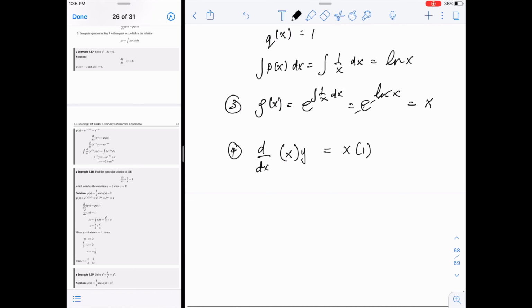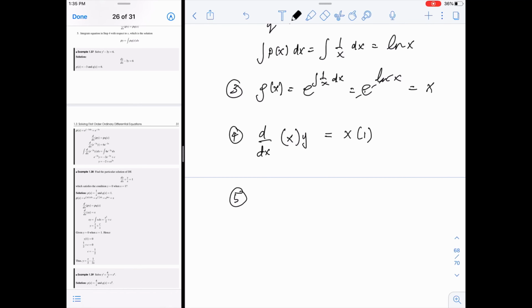Now number 5, you need to take the integration on both sides. You will have x times y and the integral of x dx. So this one cancels off, and you will have xy on the left hand side.